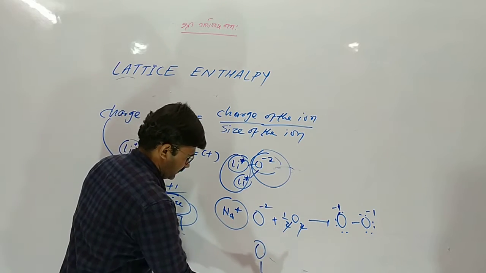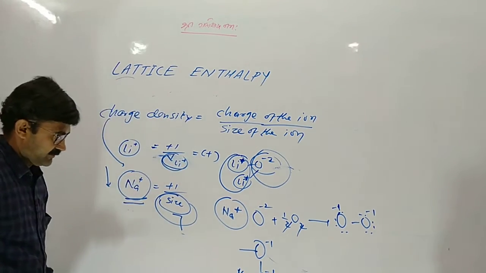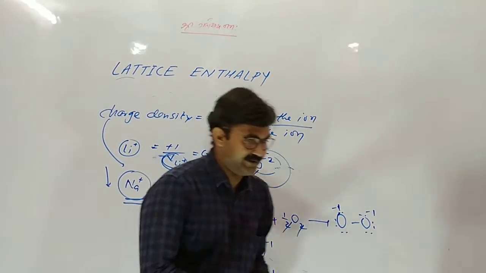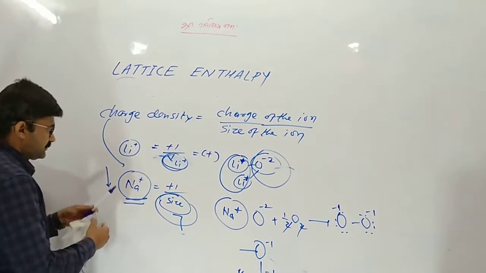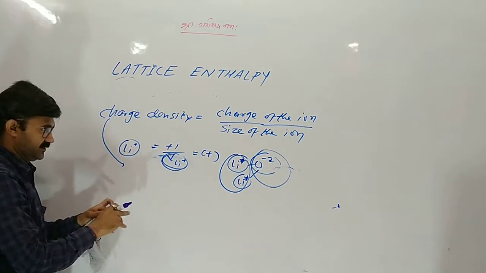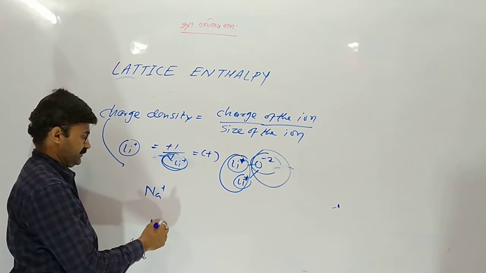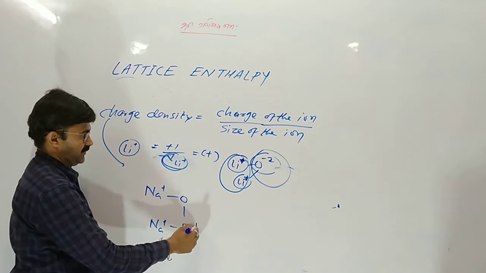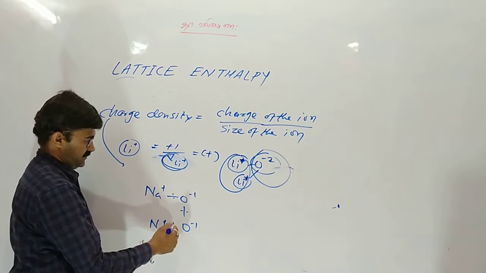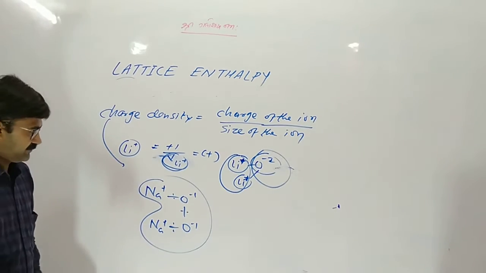So now two oxygen combine with two sodium and it gives sodium peroxide. You can see two sodium combine with two oxygen, so it gives sodium peroxide.